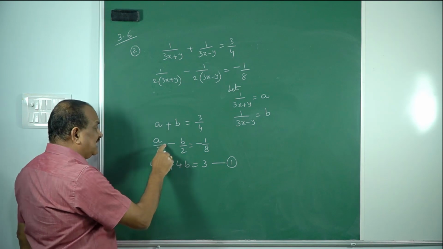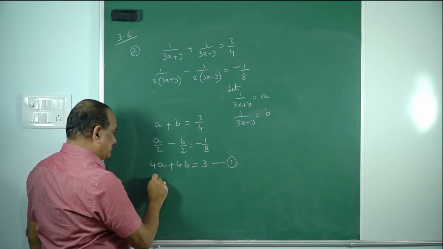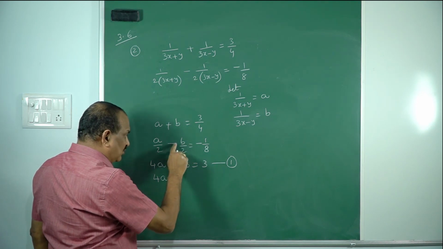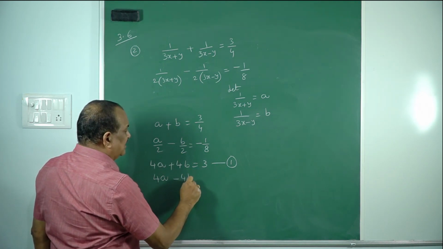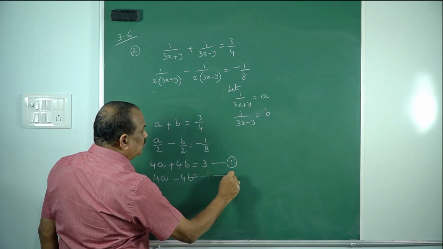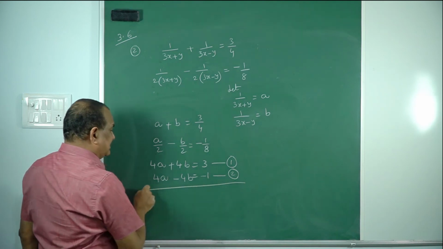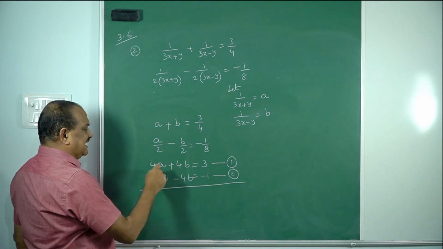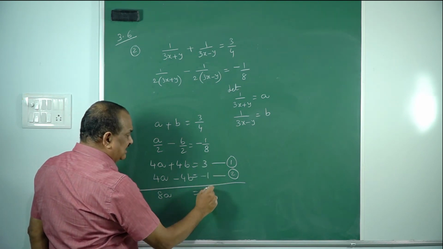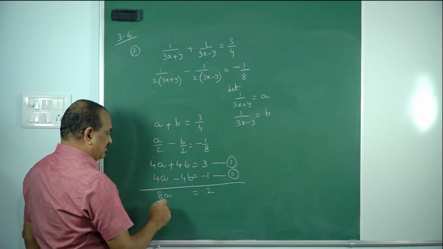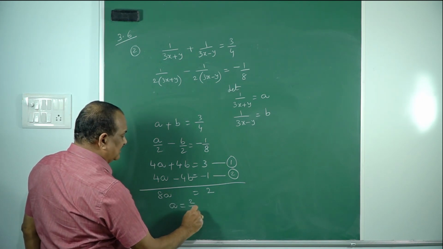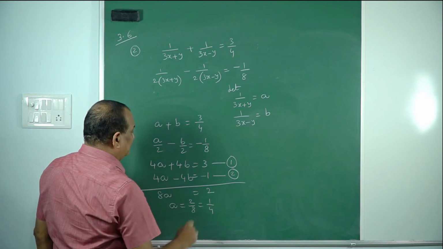So if I multiply here by 8, 2 in 8 four times, 4a. 2 in 8 four times, 4 into minus b, minus 4b, and 8 and 8 will go away, minus 1, because I am multiplying throughout by 8. This is an easy one. These two get cancelled, 4a and 4a, 8a, and 3 minus 1 is 2. I am adding, okay, a is equal to 2 by 8, that is 1 on 4.